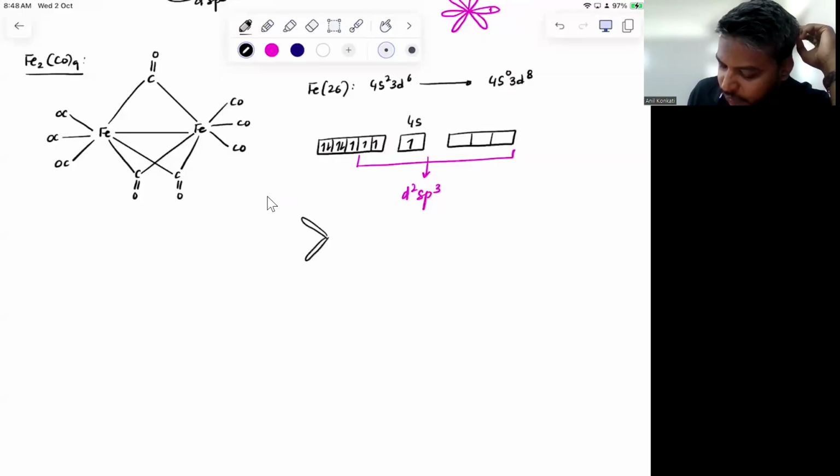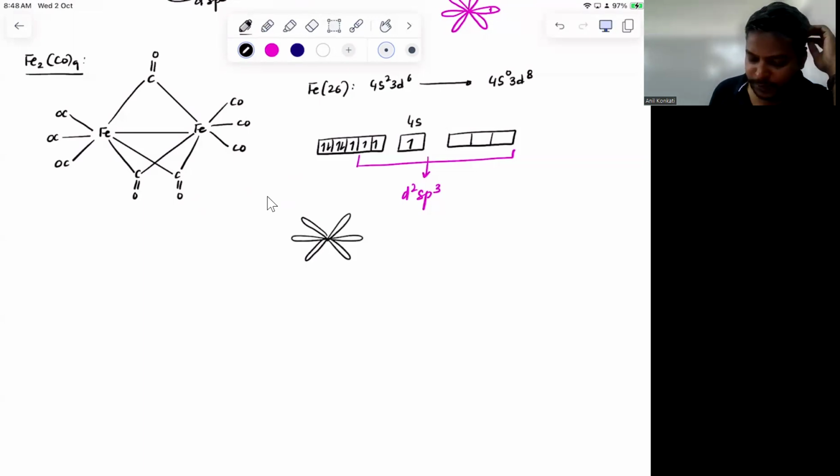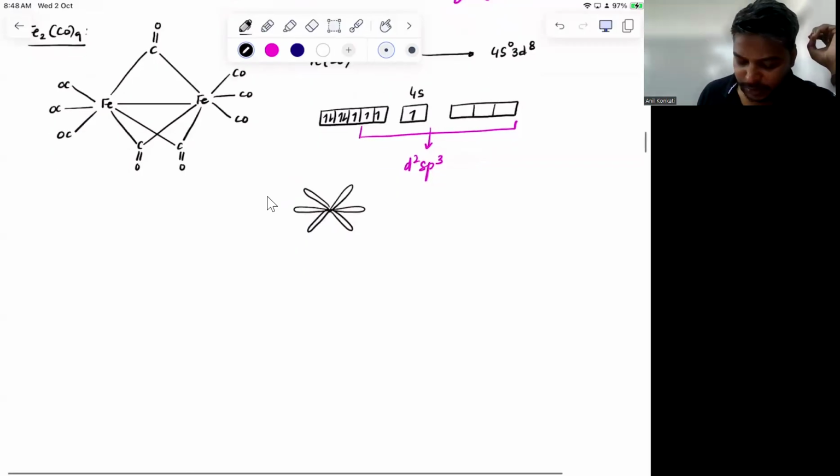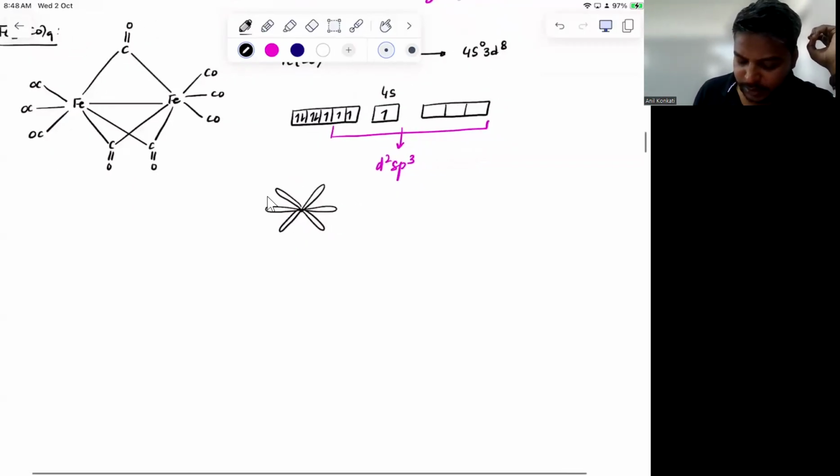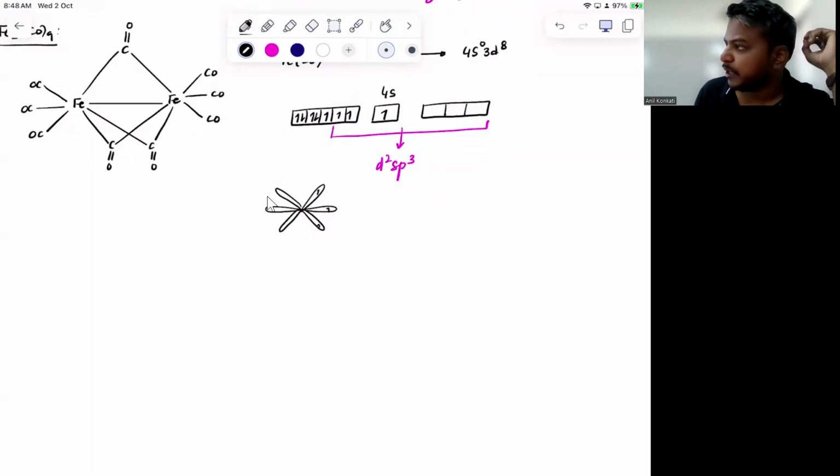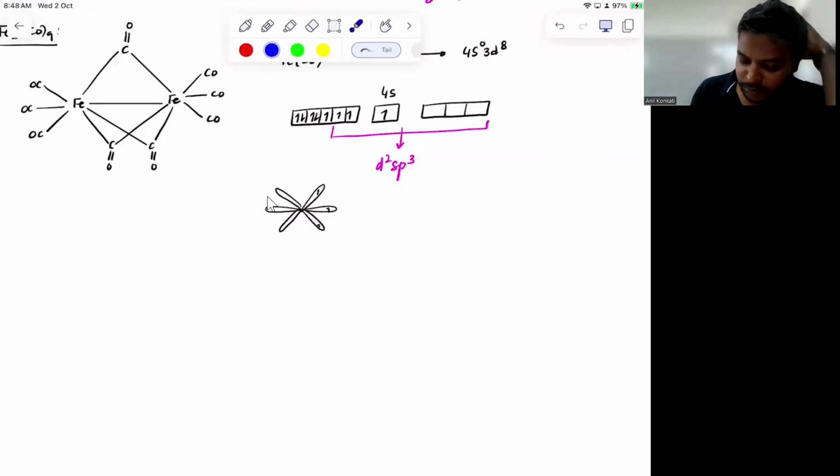1, 2, 3, 4, 5, and 6. Okay, so we'll have 6 orbitals forming this way, and in that we will have 1 electron on this side, 1 electron on this side. Total 3 electrons are present in here, isn't it? So 1 electron we can keep here.